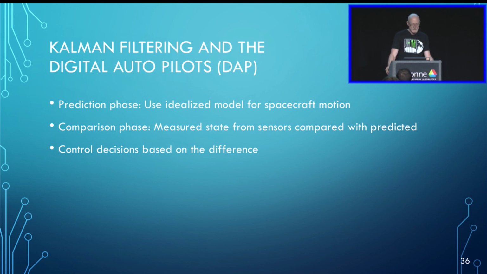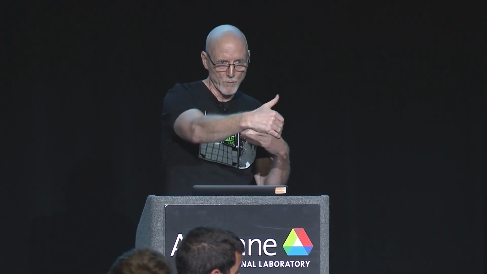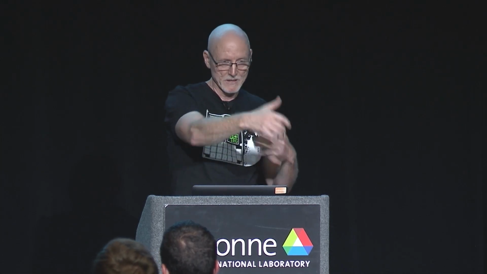But real briefly, the computer, based on an idealized model of the spacecraft, makes a prediction about where the spacecraft is going to be in the future. It then actually measures the spacecraft's position at that time because it's got an inertial measurement unit to do that. And based on the difference between where it predicted it was going to be and where the sensor told it was, it can make control decisions on which jets to fire to keep the spacecraft on track.